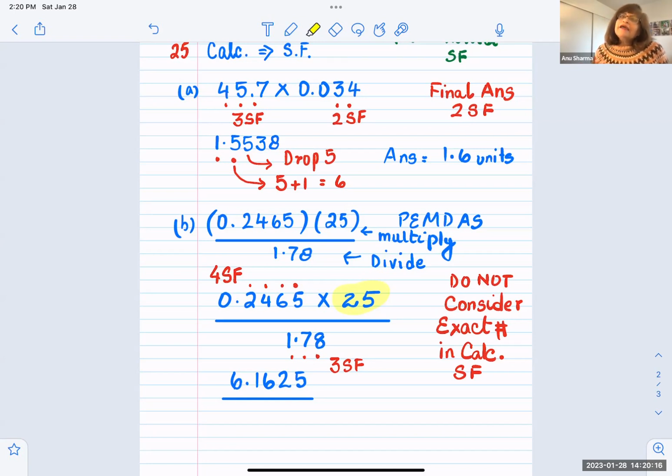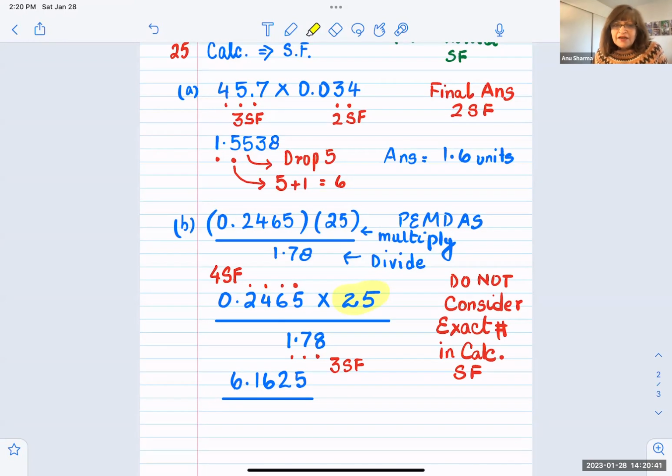The more significant figures you have, the more sensitive and precise the data is. The fewer significant figures you have, the less precision there is.